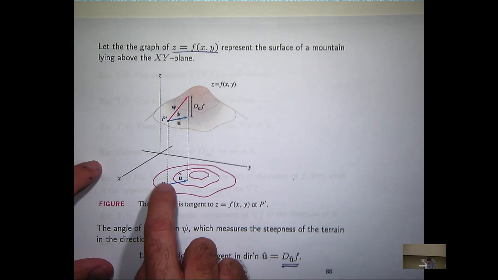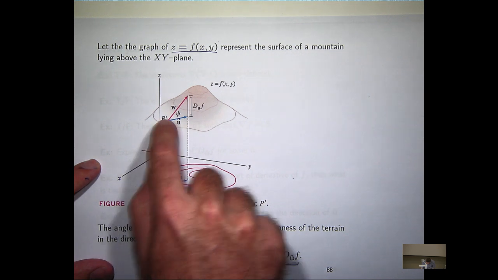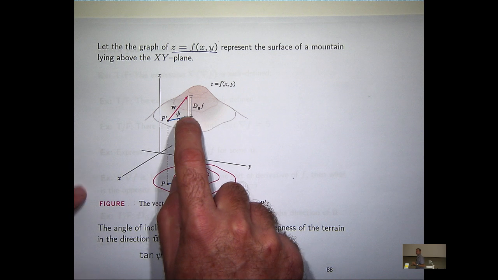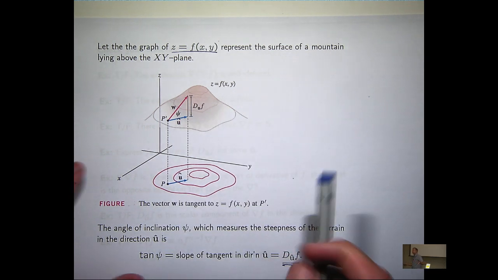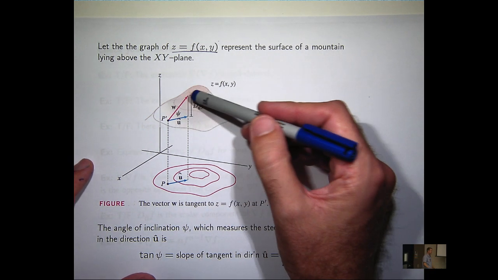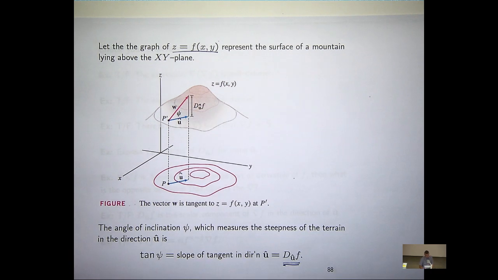Basically just move this vector up here, so you've got a point touching, and draw it again, parallel to the xy plane. You can form this tangent vector W, and this length will be the directional derivative. Remember, that's just a number.